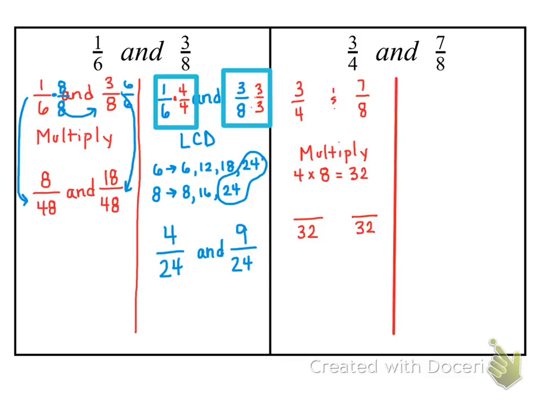All right, let's start with 3/4. What do I multiply 4 by to make 32? Well, I know 4 times 8 is 32, so I have to take this entire fraction times 8 over 8, because to write an equivalent fraction, you have to multiply or divide by a value of 1. So 4 times 8 is 32, so 3 times 8 is 24.